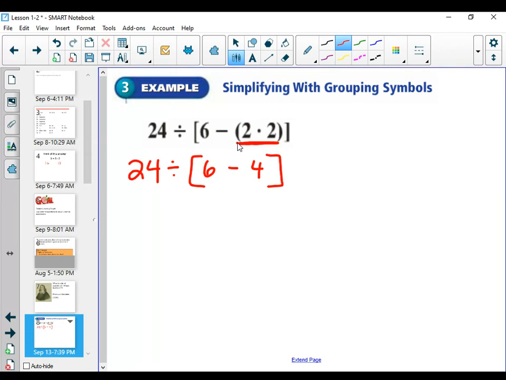Then if you notice, we still have some parentheses left. These are a special math parentheses called brackets. You treat them the same as a regular parenthesis, just working from inside to outside.